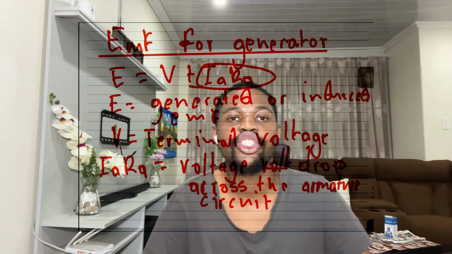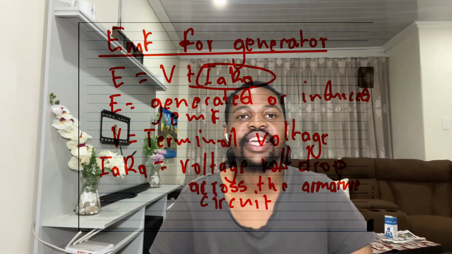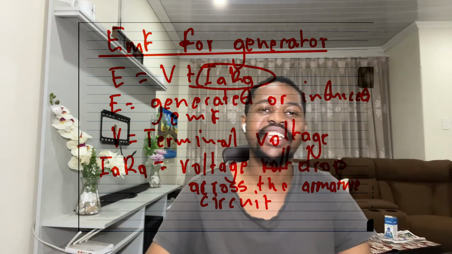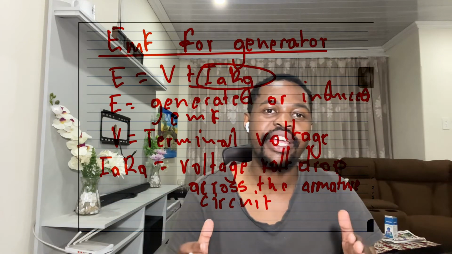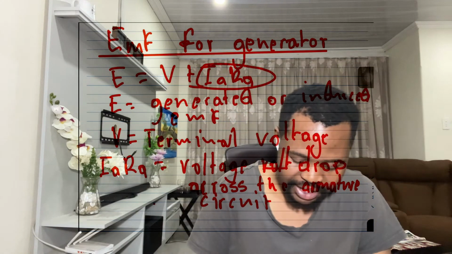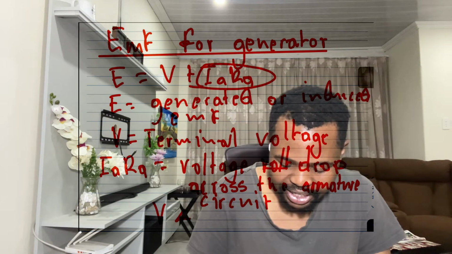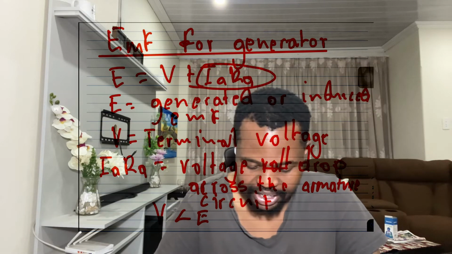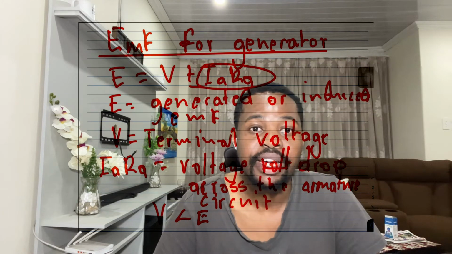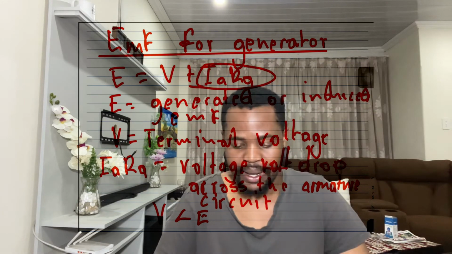That is the voltage drop across the armature circuit. That is why you would get a lower voltage. That is why V, the terminal voltage, is less than the generated EMF, because of the internal voltage drop of this DC generator.